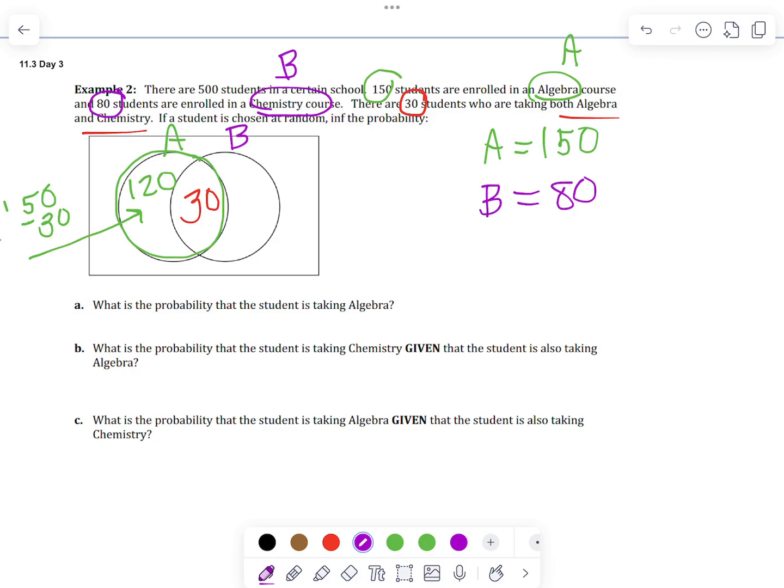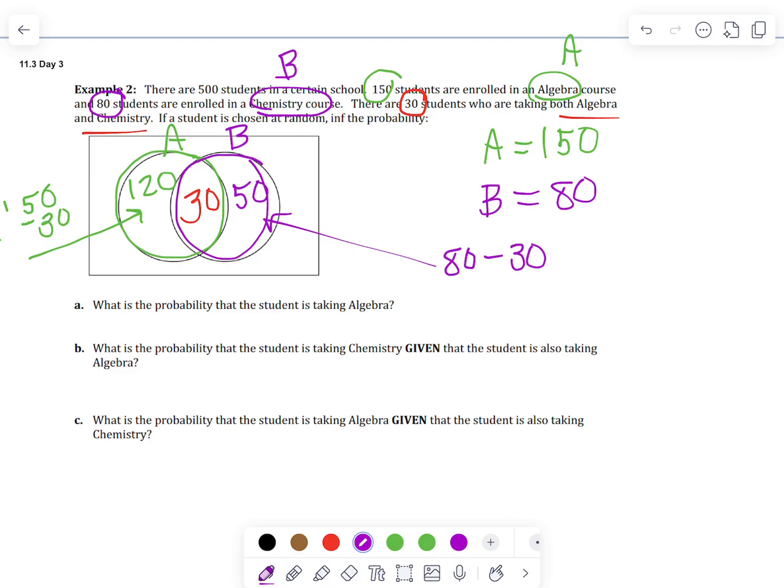Then this circle here has to total up to 80, so you take 80 minus 30 that are already there, and you get 50. That represents just students who are taking chemistry.